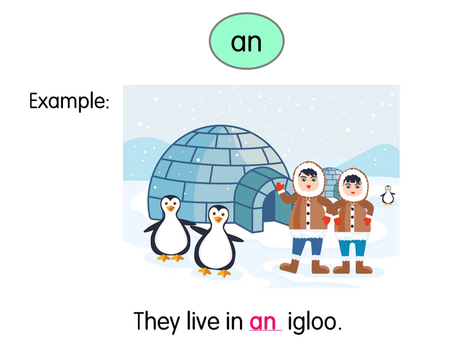Okay, what can you see here? There are penguins, there are Eskimos, and they live in an igloo. An igloo is a house made up of ice.